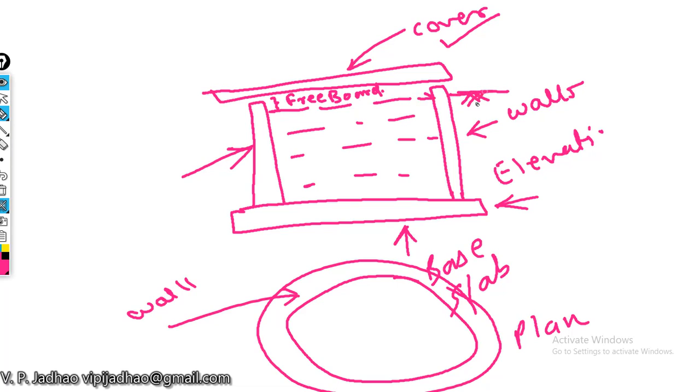Let us consider up to this depth, and this much height is kept as freeboard, so that if there are chances of overtopping of water from the water tank, this portion will be used. At the same time, while designing any water tank wall, we will be designing this complete wall, including this freeboard, for design purposes.